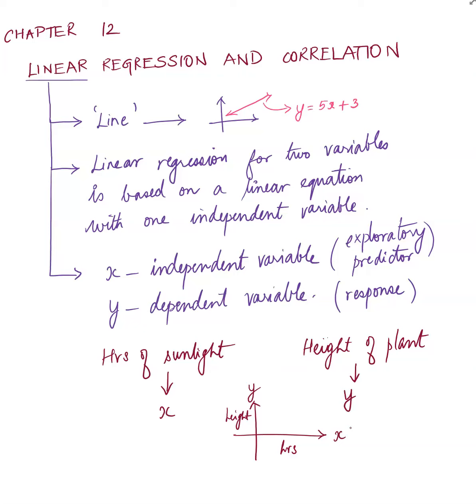If x is 3, that would mean the third day and what the corresponding height would be. So if I draw this line, you can make a lot of inferences, like what the corresponding height is for a particular value of x. That's the reason why we really need to know which one is dependent and which one is independent.